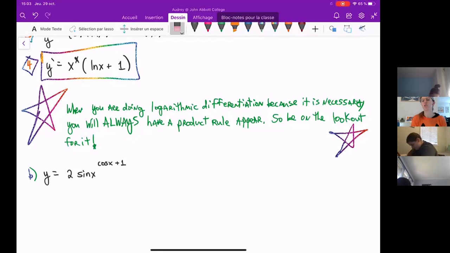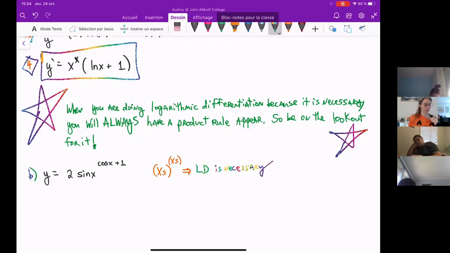Is logarithmic differentiation necessary here? Yes. I have x's down in my base, and I have x's up in my power, which tells me that logarithmic differentiation is necessary. Good job, guys.